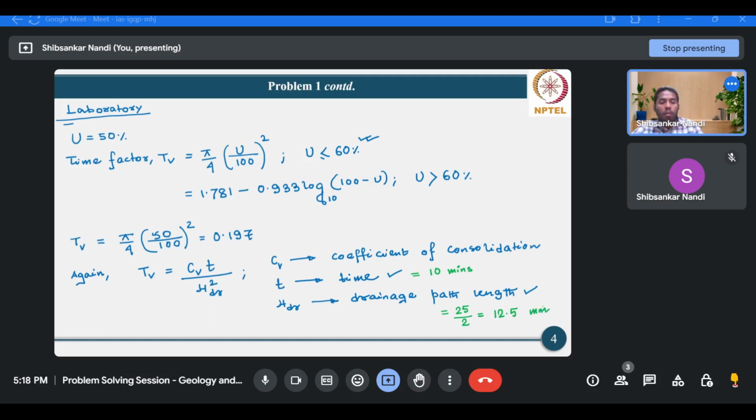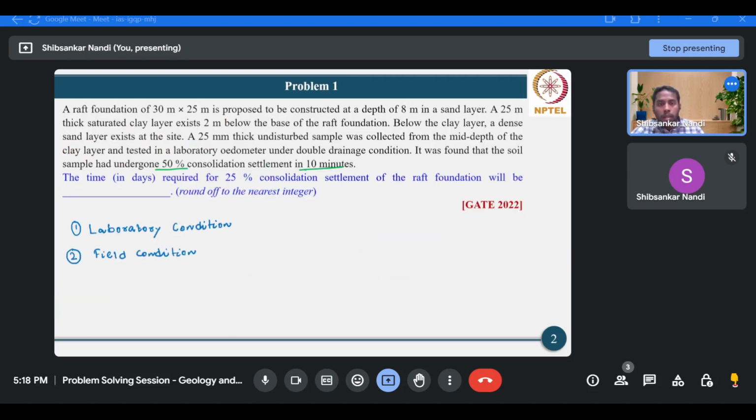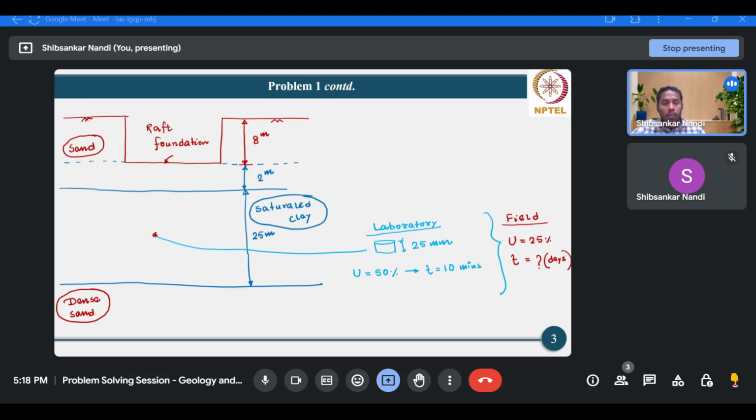Why? Because it's explicitly mentioned in the problem that the soil sample was tested in the laboratory odometer under double drainage condition. So therefore, if it is double drainage, drainage path will be half of its thickness.